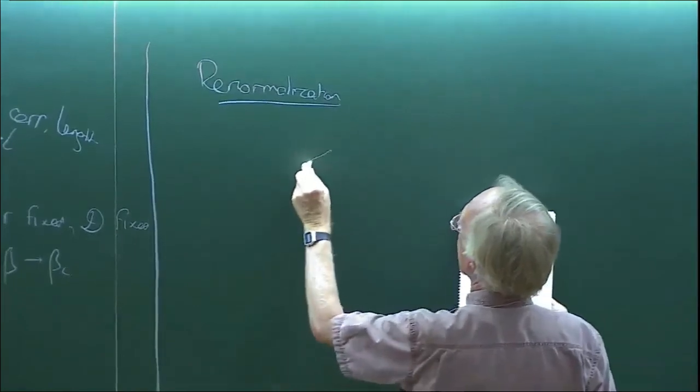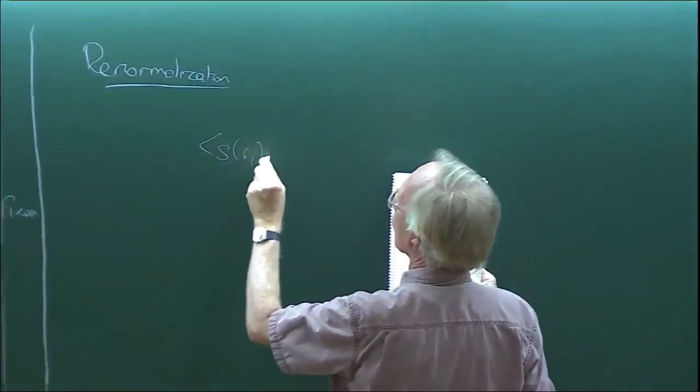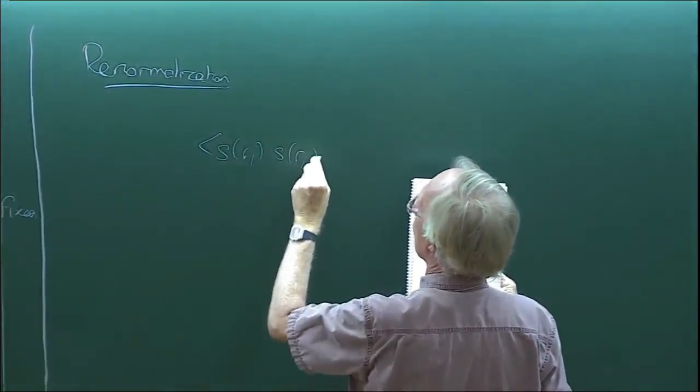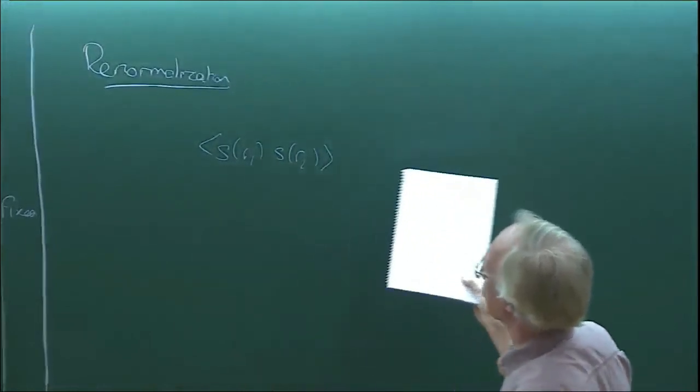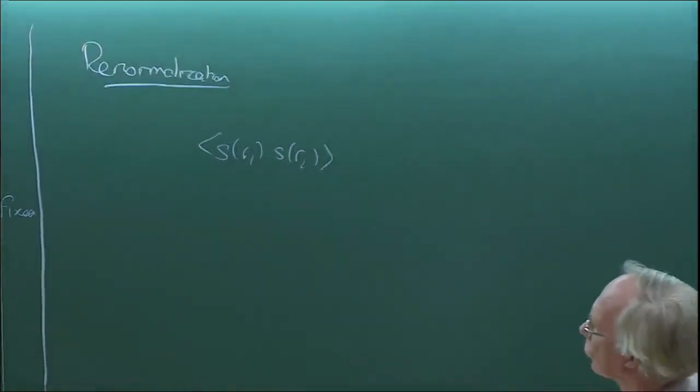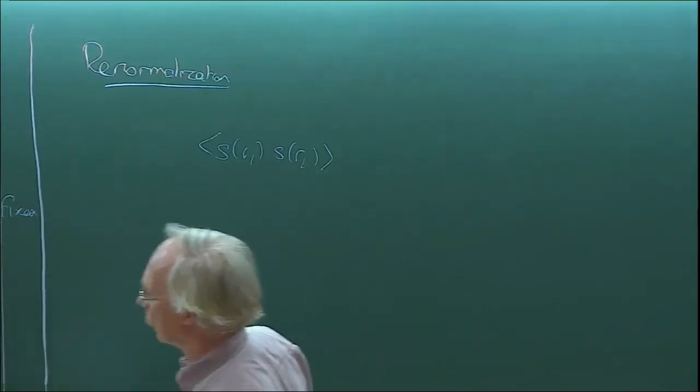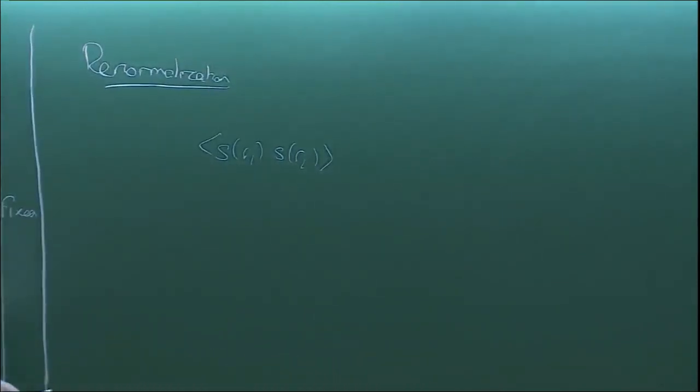So in the case of the spin-spin correlation function, this actually diverges as we take a to 0, or rather it becomes singular.